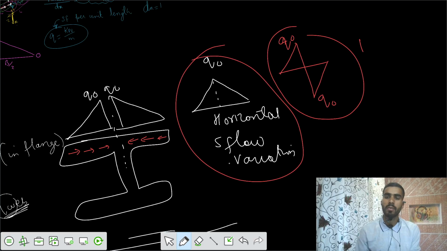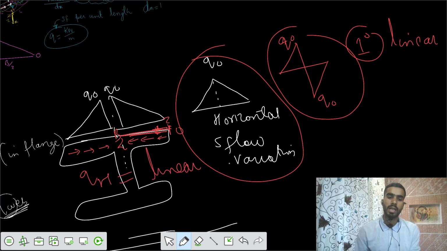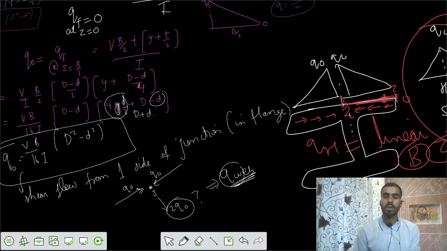That means the linear variation is there, first-degree variation, with the width z going from 0 to b by 2. So the shear flow in the horizontal direction is a linear function of z, and you get the shear flow variation in the flange.